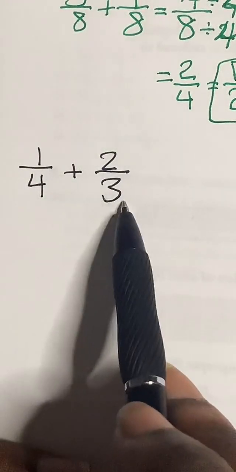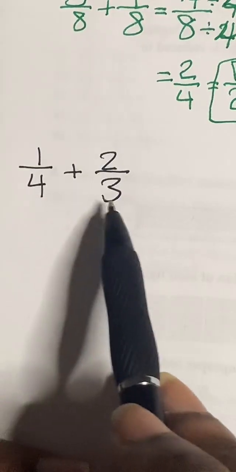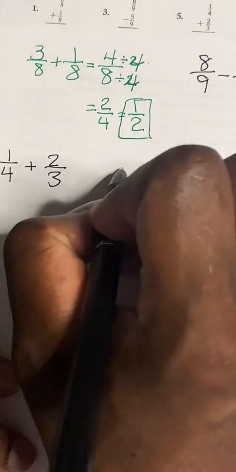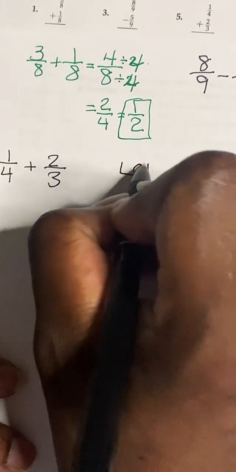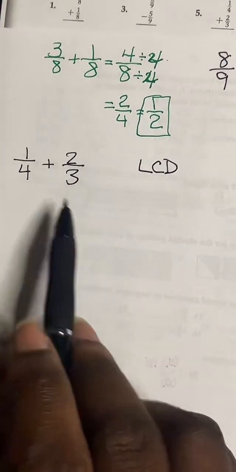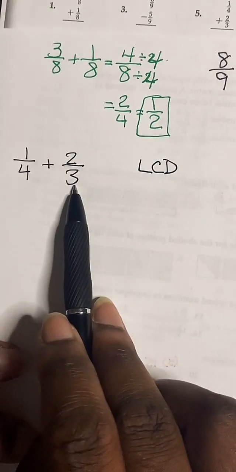In order for us to figure out what will be our least common denominator, as some of us probably remember, it was our LCD, we need to figure out what number that 4 times table and 3 times table have in common.